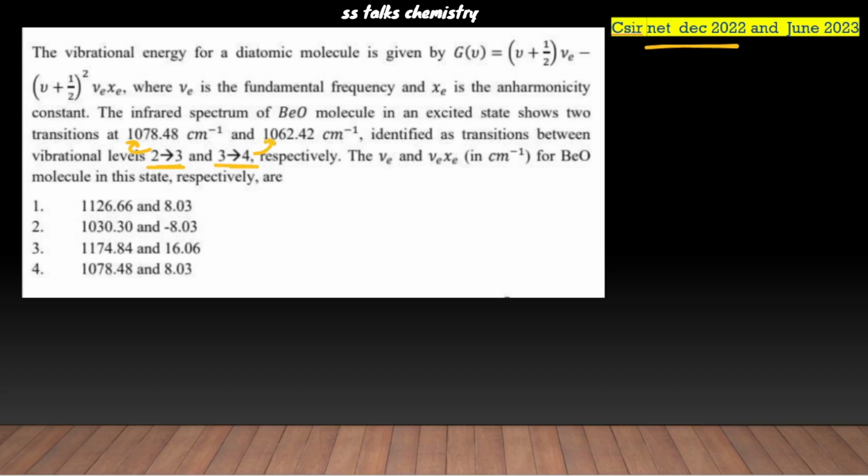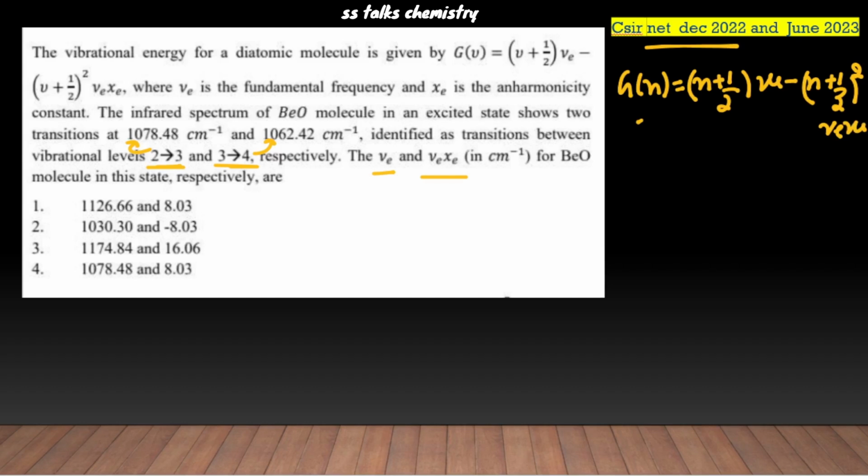So we just have to find the value of nu e and nu e into xe for the BeO molecule. The general formula for the energy is already given to us. It is (n plus half) nu e minus (n plus half) squared nu e xe.